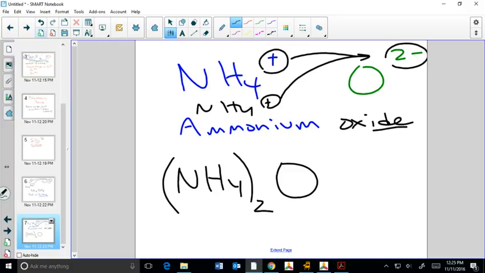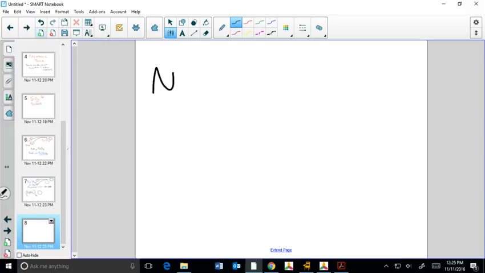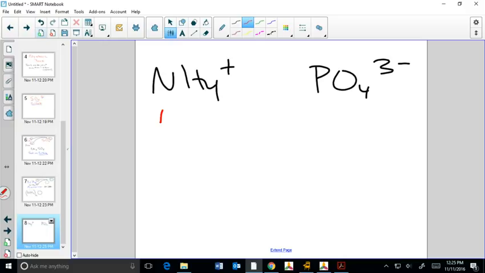Now, crazy enough, you could take that same thing. You could take NH4 as a 1+, and you could react it with another polyatomic ion. So we could take phosphate, which is PO4, which is a 3-. And you can see that I'm going to need 3 of these guys.